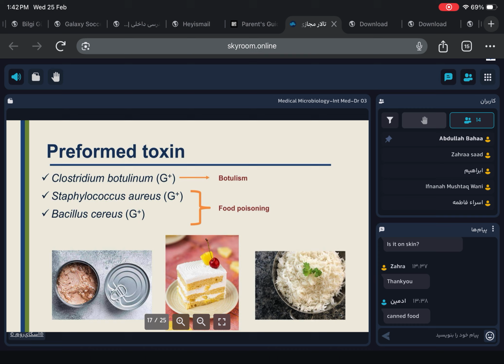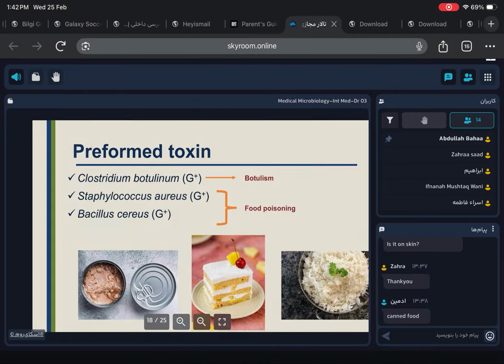So as you can see, there are some bacteria which are able to produce their toxins inside the food. But for example, Vibrio cholerae is not able to produce its toxin in the food. Vibrio cholerae needs to enter into the intestine, and then when it's inside the intestine, it's able to produce its toxin.